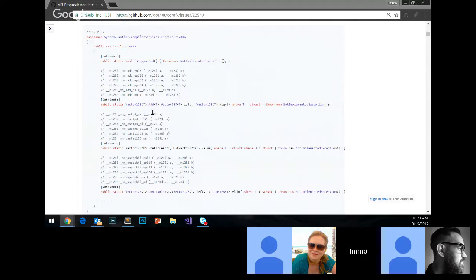So the concern that I have is, I get that Vector128 is either supported or not, as in either you have hardware vectors of that size, but it seems like the proposal has indicated that we're not going to have all-or-nothing support.